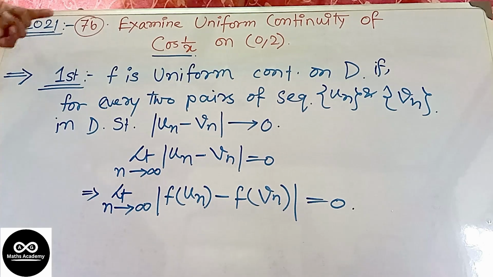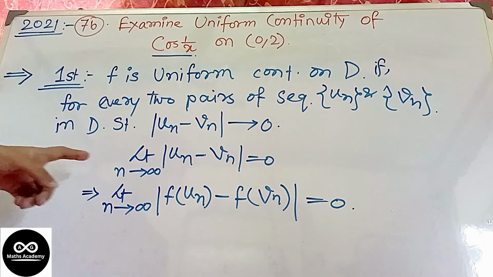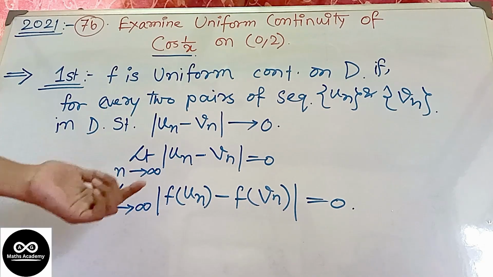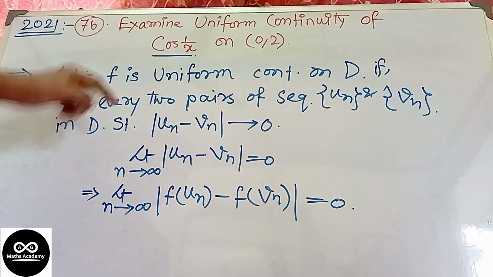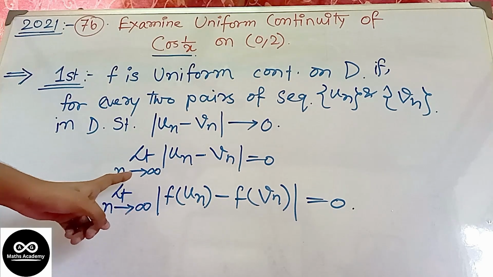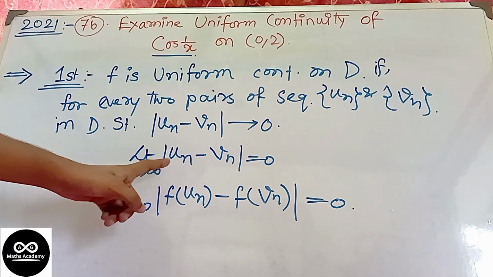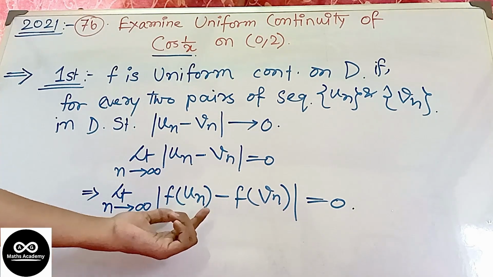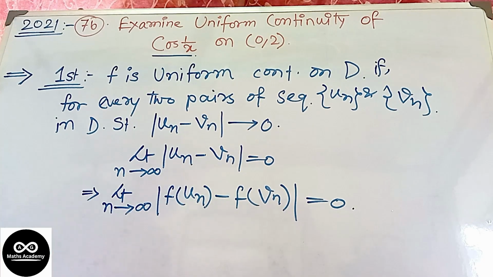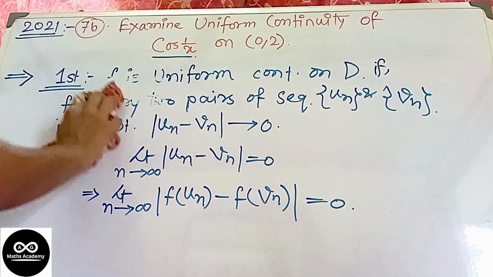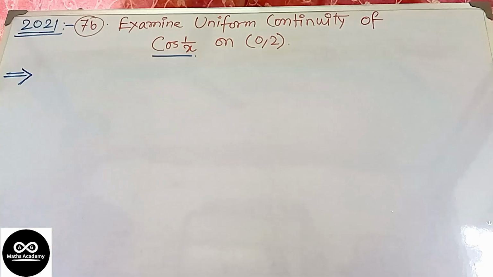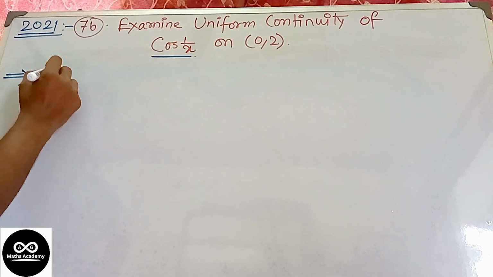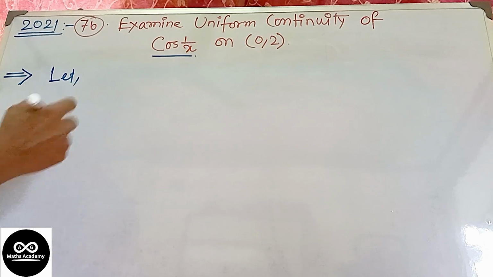So this is actually not uniformly continuous on this region. We're going to show that we can take two sequences in (0, 2) such that the limit of un minus vn will be 0, but the limit of |f(un) - f(vn)| will not be 0. Let's take two sequences.